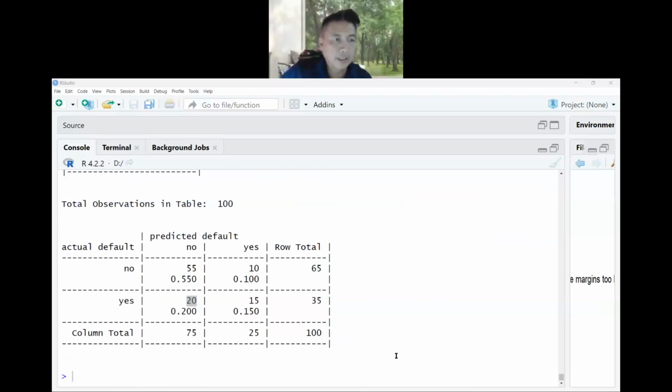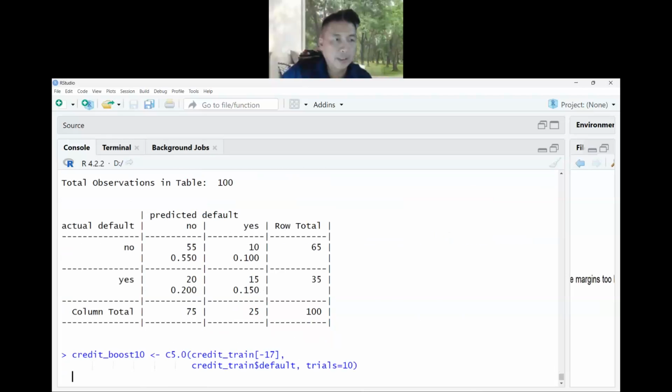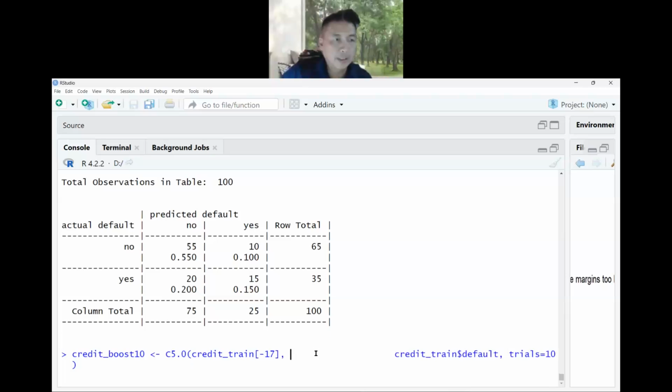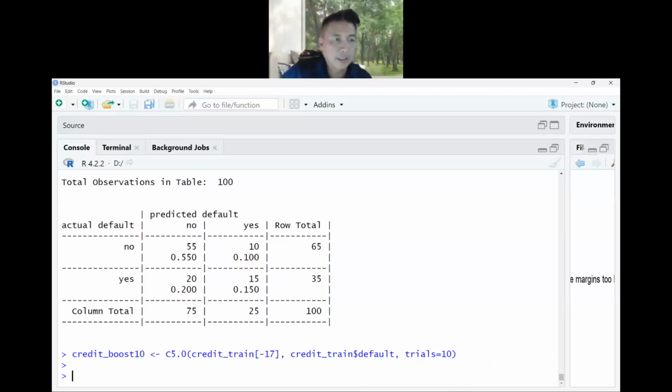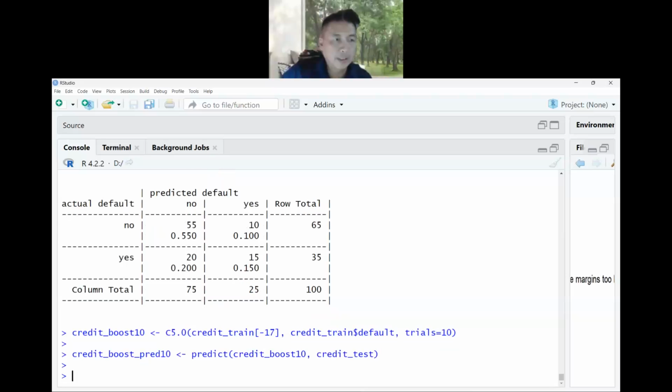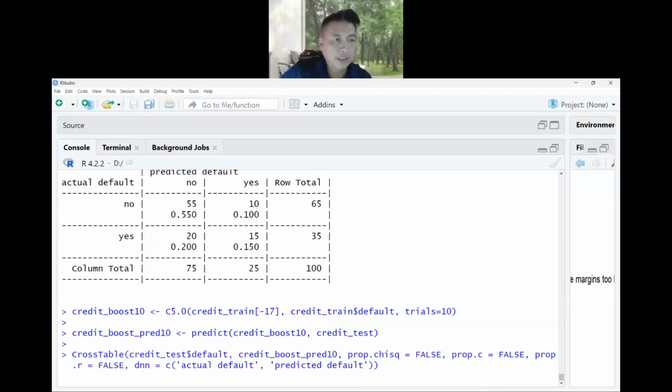So for example, I use that one to perform the prediction again, and then I will plot the table.